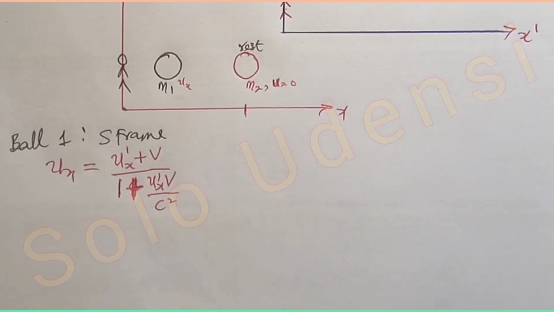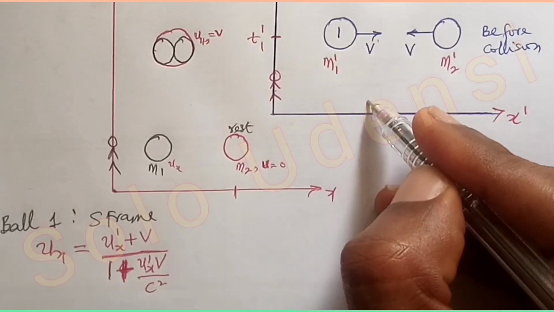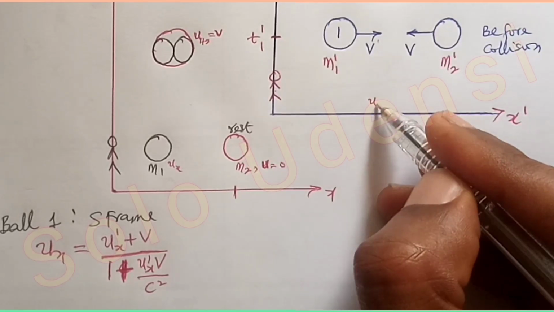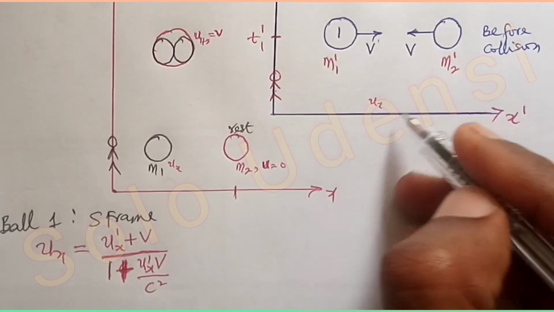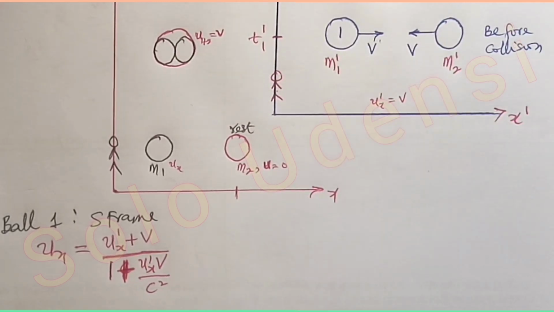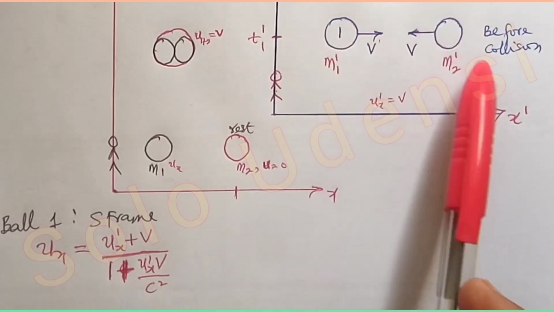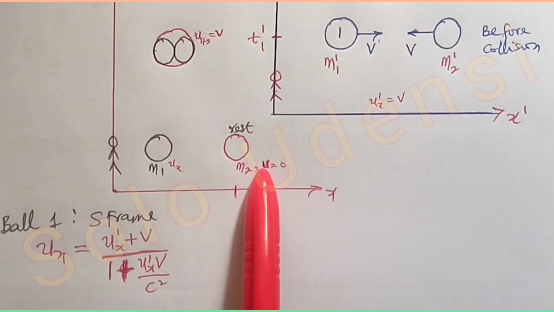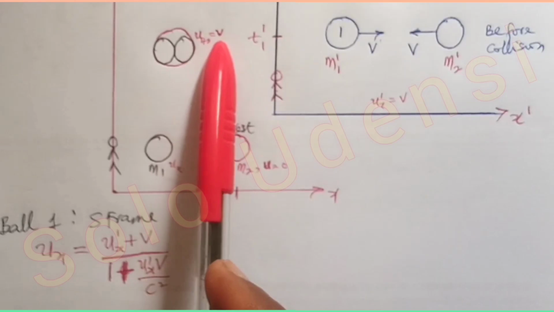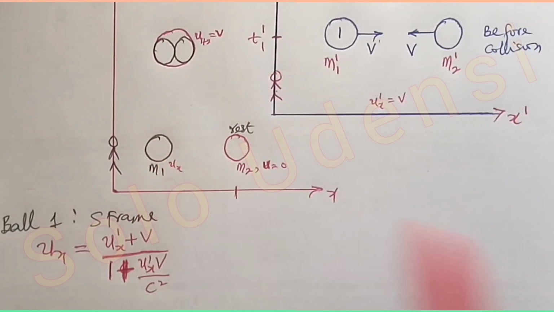That's what he will see. In this moving frame, our ux prime of this object is v. So he's taking it one after another. He has known what this one will be, 0. He has known what this one will be, v. We want to know what this one will be.